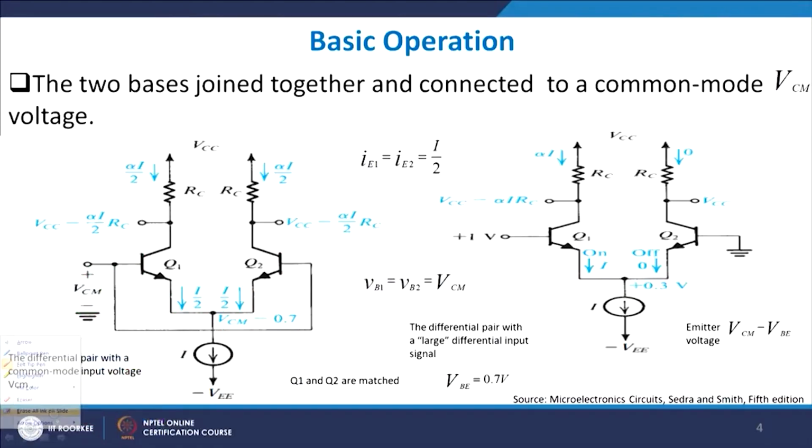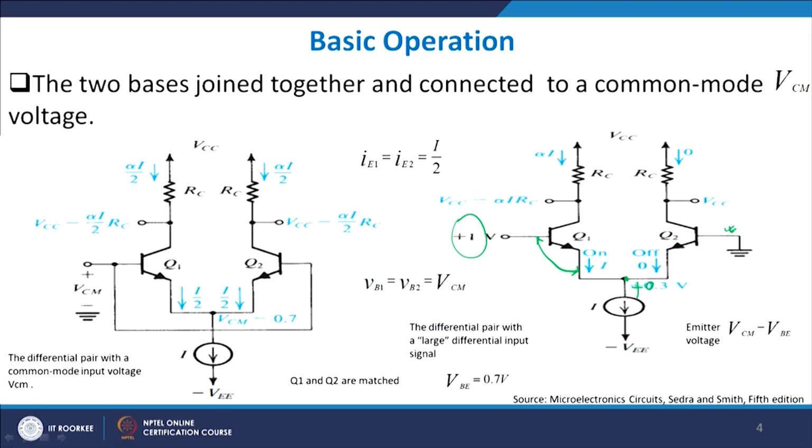Now, with this knowledge, let me move forward and show something else. Now what I do is I make a small change: at Q2 I ground the base, and the base of Q1 is given 0.7 volts. So, Q1 will have 0.7 volt drop here. So, 1 minus 0.7 you will achieve 0.3 volt here, right.